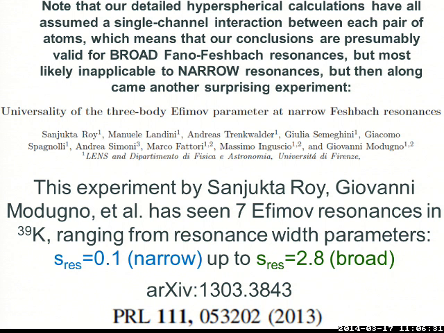And they went over a whole range of two-body resonance widths from 0.1, which is deep into what we would call the narrow limit, up to 2.8, which is a broad Fano-Feshbach resonance. And they published this last year in a PRL. So this was a bit of a surprise to us.